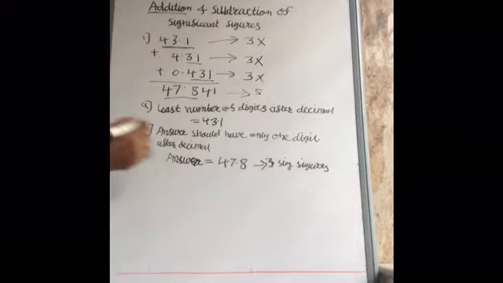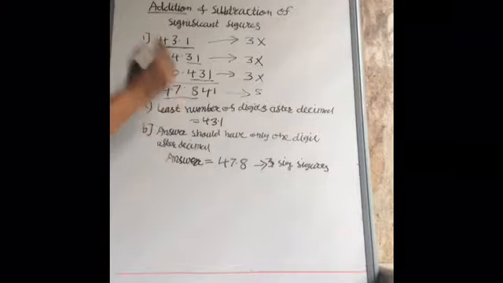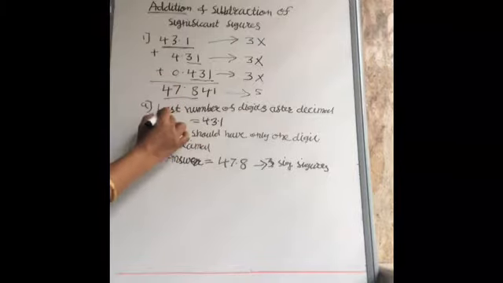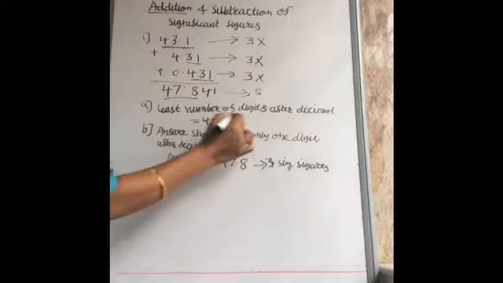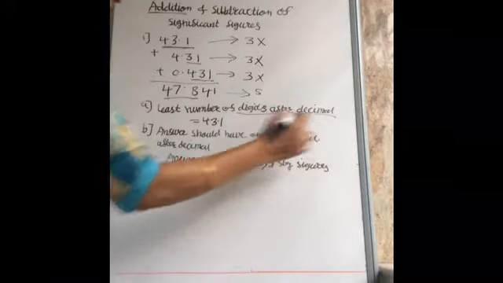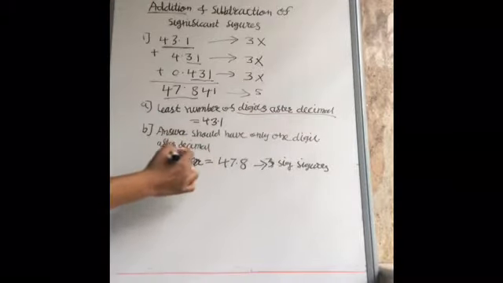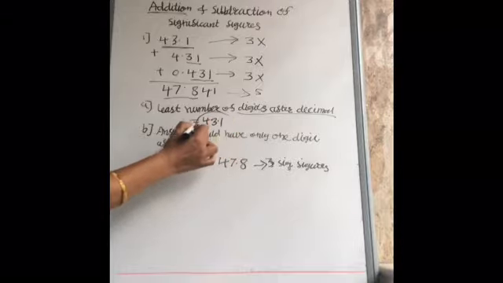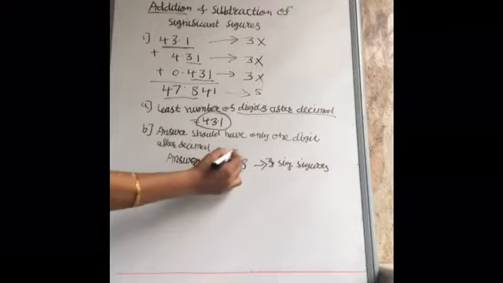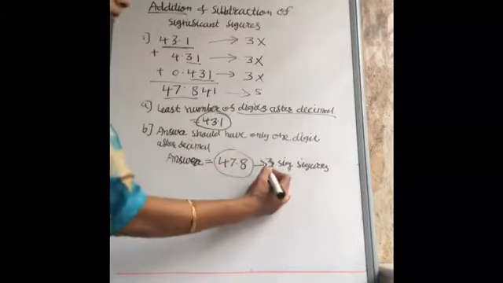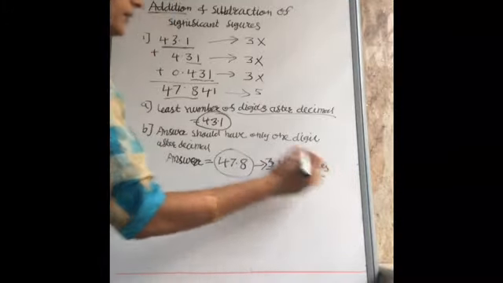So when you make addition, your first step is to see how many digits after decimal. Second, your answer should have that many digits after decimal. So it has 3 significant figures.